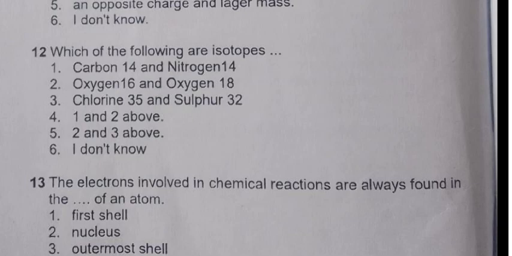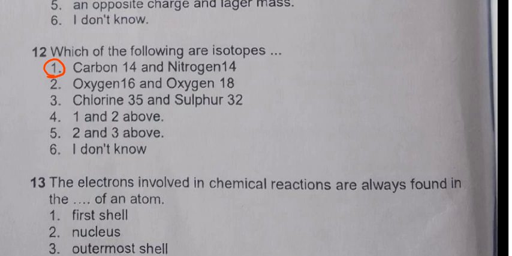So the isotopes here, we have 1. Oxygen doesn't have an isotope, so the only answer that we can go for here is carbon 14 and nitrogen 14. These are isotopes.